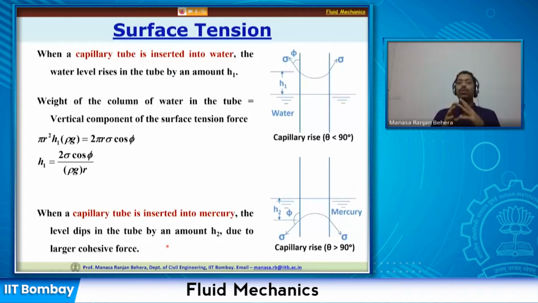And now we need to understand how this rise is happening and how much it will rise. Let us say you have the surface, some liquid is there, the surface tension of that liquid is sigma, and it acts at an angle of phi with the surface. So if that is the case, then we need to understand how the force is balanced here.